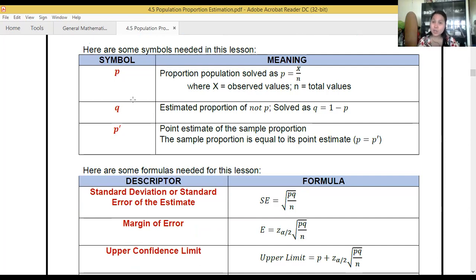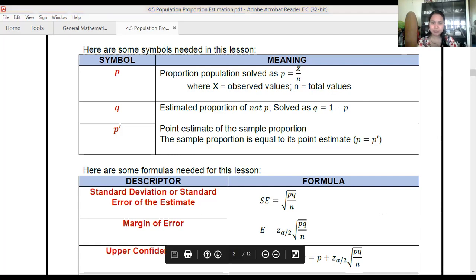Q is the estimated proportion of not P. How do we solve for Q? That is 1 minus P. In our problem, that is 1 minus 0.40. Let me share my whiteboard. Remember, our P is 4 over 10, or 0.4.